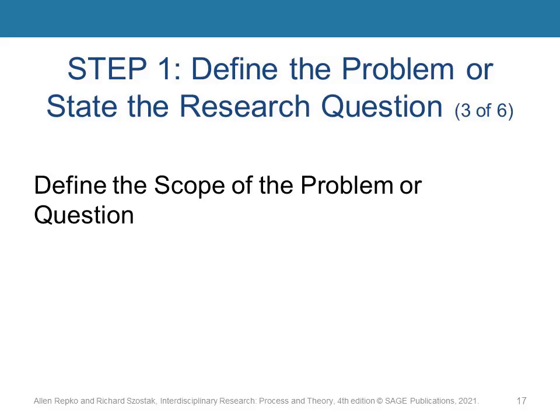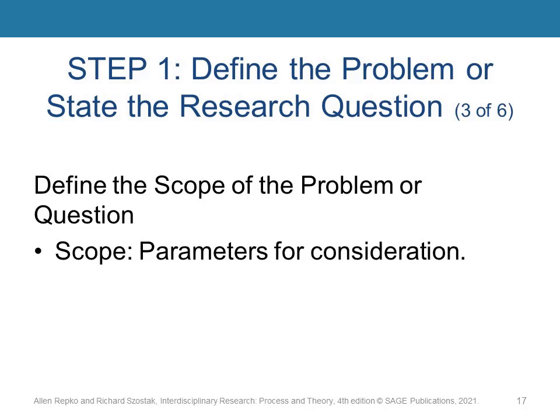The second decision involved in step 1 involves how we define the scope of the problem or question. The word scope includes all of what you intend to include in your investigation and what you plan to exclude. For example, we could examine the causes of a phenomenon, the factors that contribute to its existence.